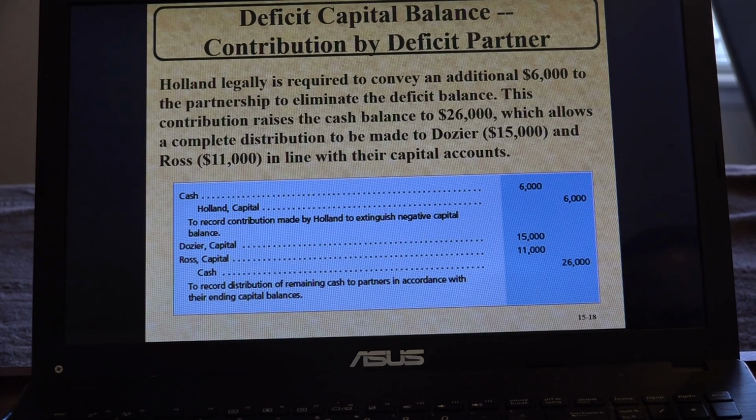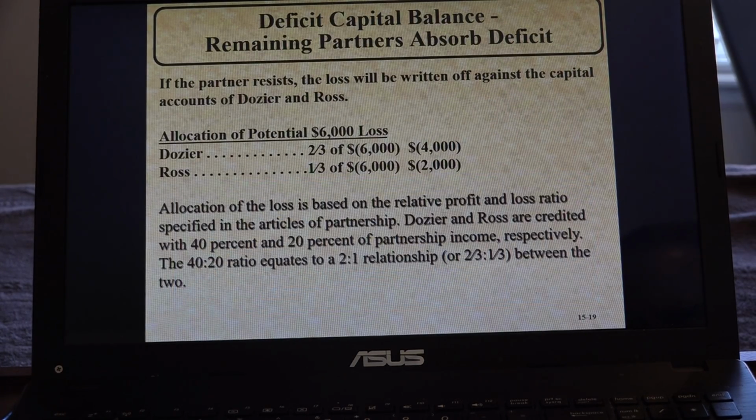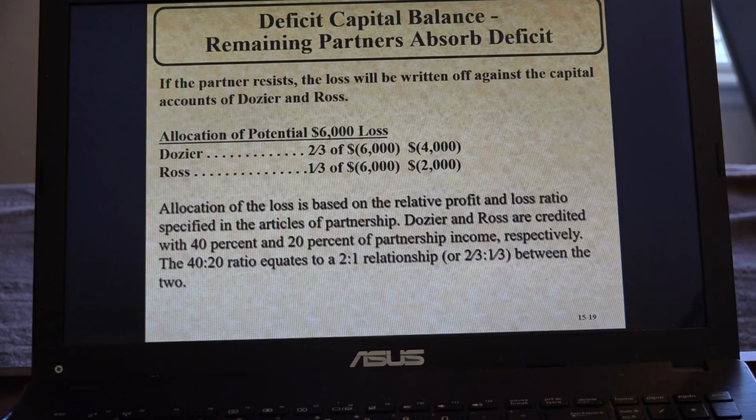So pretty easy. But then if he can't pay or won't pay, and Dozier and Ross have to absorb this loss, they're going to absorb it based upon a 2/3, 1/3 split.